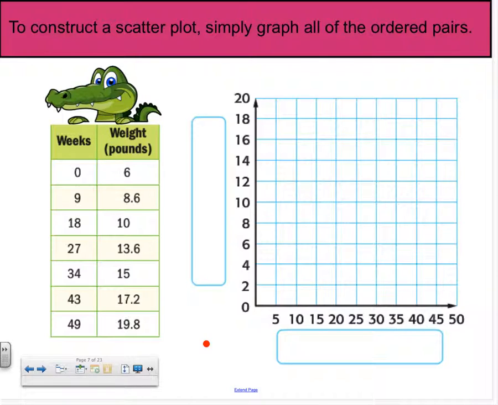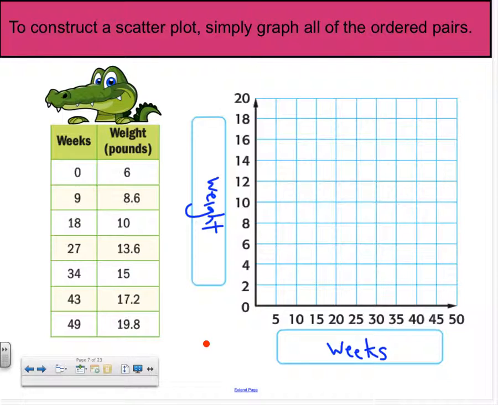So the number of weeks would be on the x-axis because it's independent, and the weight we're going to put on the y-axis because it is dependent. The weight depends on the number of weeks. So we have our graph set up and ready to go. Now we're just going to plot the points.